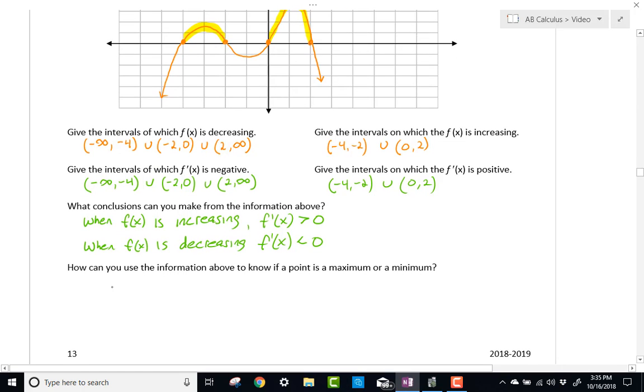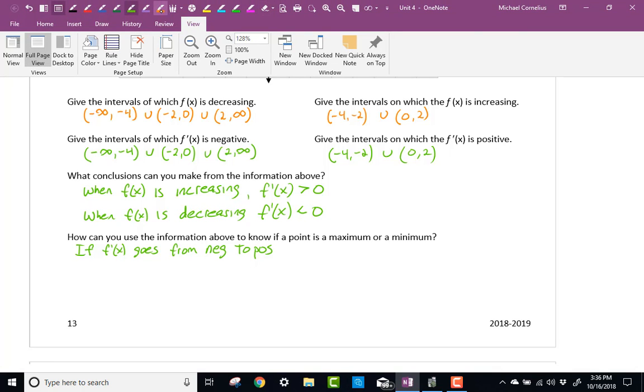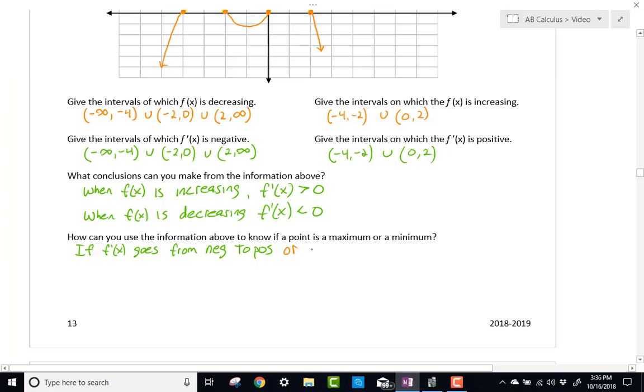Okay? And the last one says, how can you use the information above to know if a point is a max or a min? Basically, if f prime of x goes from negative to positive, or positive to negative. I'm going to talk about it in terms of negative to positive first.